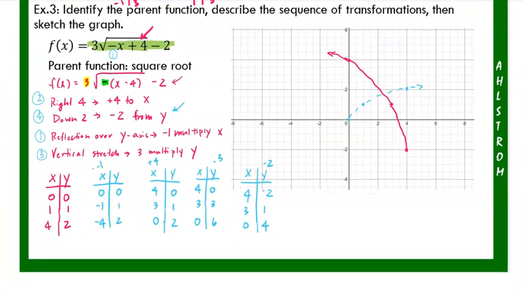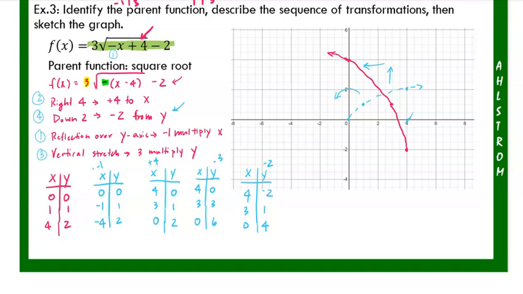You can clearly see that it reflected over the y-axis, okay, and then it went right 4, okay, we went right 4 to here, and then there was a vertical stretch. It looks like definitely this function stretched out vertically to become that function right there.